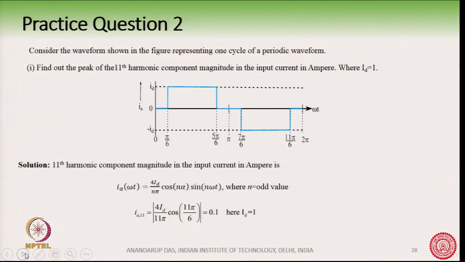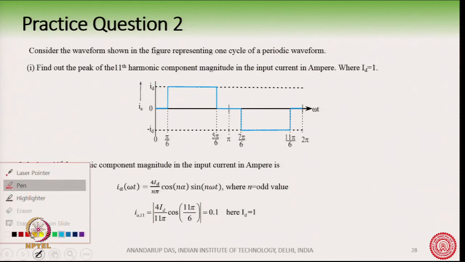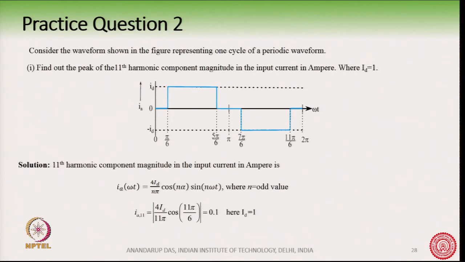One practice question on the input current and its harmonic spectrum. We can do one practice problem from here. Suppose there is a waveform shown by this diagram, and suppose Id in this waveform, this is the current drawn at the input side of the rectifier, and suppose this Id is equal to 1, it may be 1 per unit.